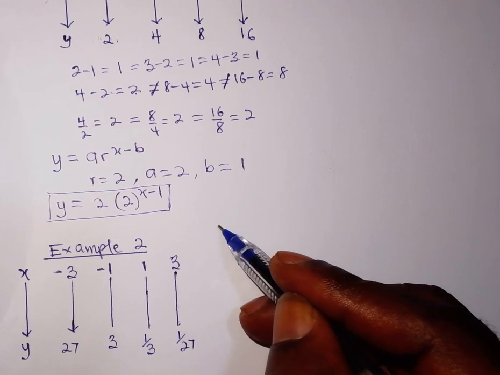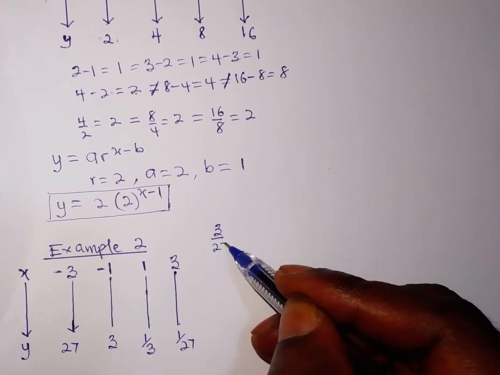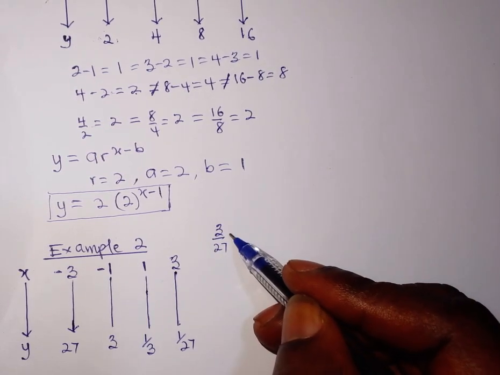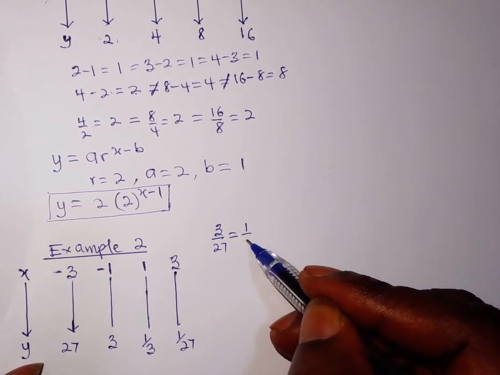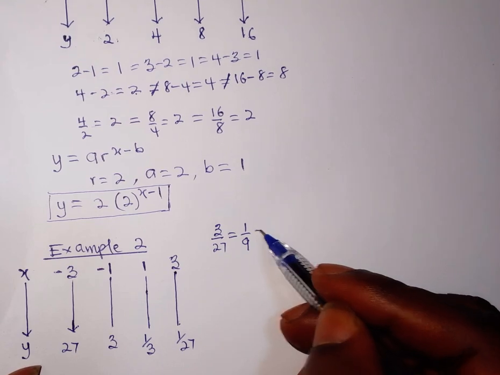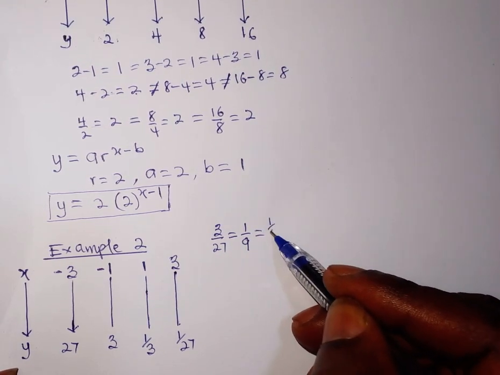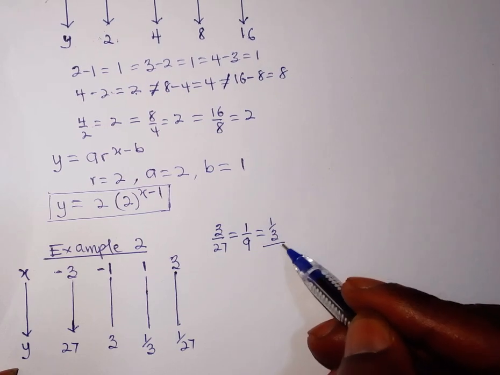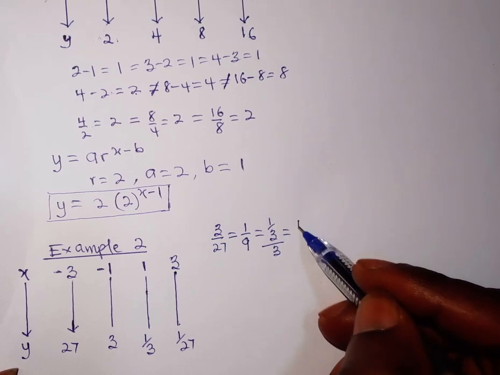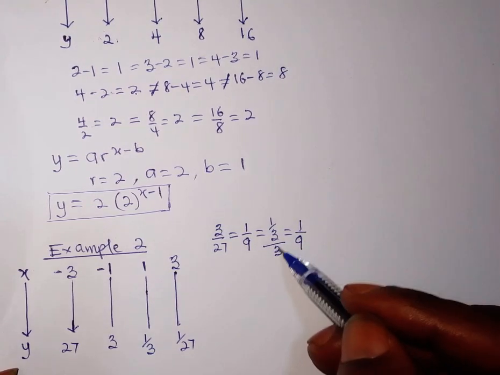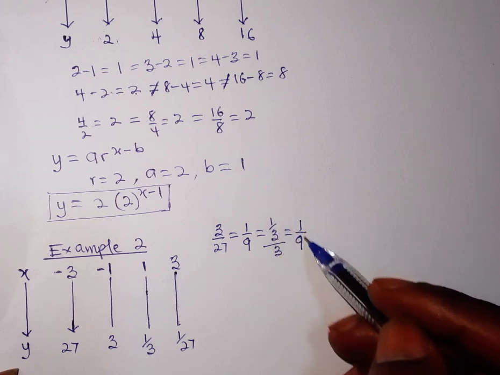So what we are going to do is divide 3 by 27, and what answer am I going to get? I'm going to get 1 on 9. Is it the same as when I divide 1 on 3 by 3? Is it going to give me also 1 on 9? Yes. If I reciprocate this, I'm going to get 1 on 9 as well.